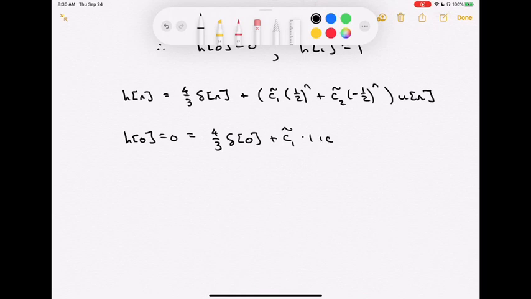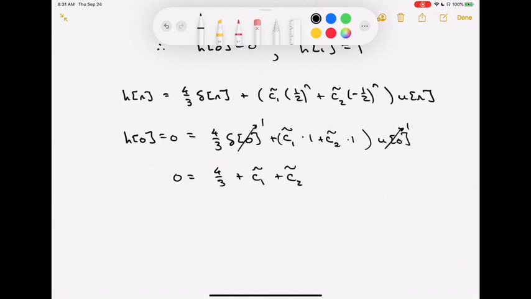I'm going to have a plus C2 tilde, and that's going to have a minus 1/2 to the 0, so that's also a 1. And that whole thing got multiplied by u of 0, which is also 1. So I'm going to just clean this all up. That 0 equals, delta 0 is 1, so I'm going to get a 4/3 plus C1 tilde plus C2 tilde.